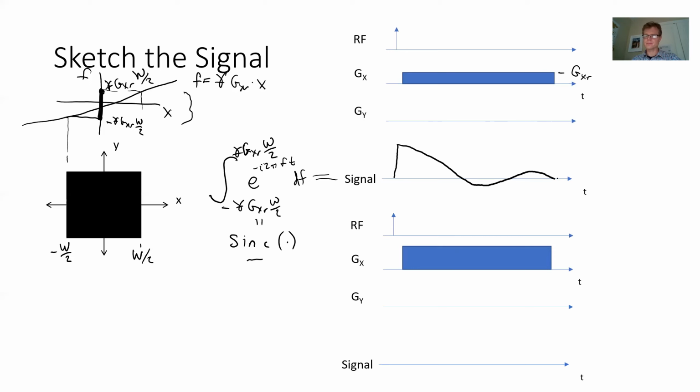pattern in our signal. And the other way that we'll start to use to understand what the signal would be, or the impact, is that if we take this signal and we apply Fourier transform, what do we get back? We get back a rect function, right?